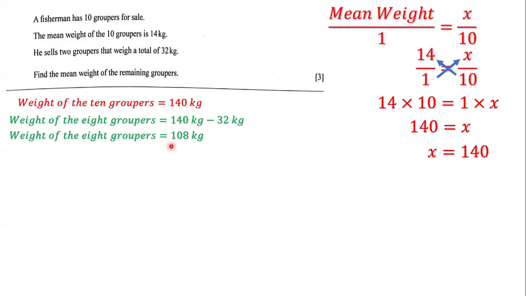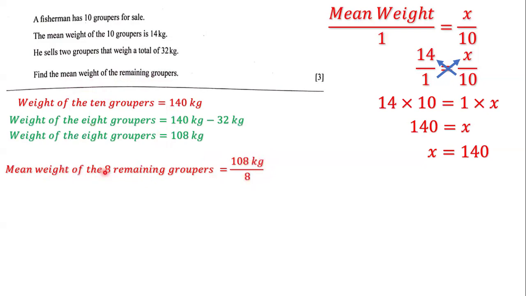And so remember, our goal is to find the mean weight of the remaining groupers. The mean weight of the 8 remaining groupers is going to be the sum of their weights, which is 108, divided by the number of groupers that we have, which is 8.